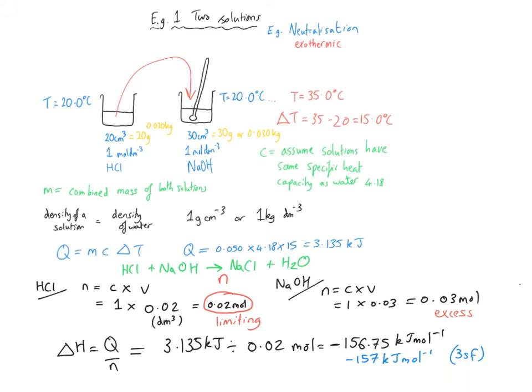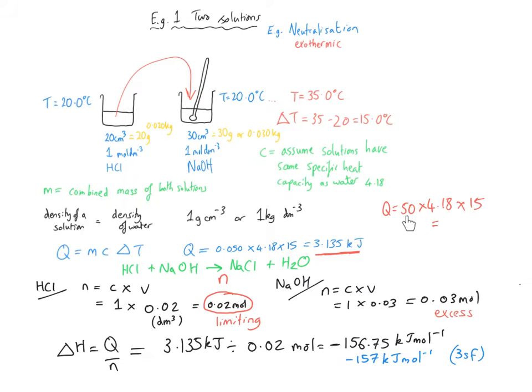I mentioned earlier that I think it's easier to treat the specific heat capacity as being in kilojoules per kilogram per degrees Celsius, and the reason for that is here at the stage where I had my answer for energy change as 3.135 kilojoules. If you had left the masses of the liquids in grams, the calculation would have been really similar.